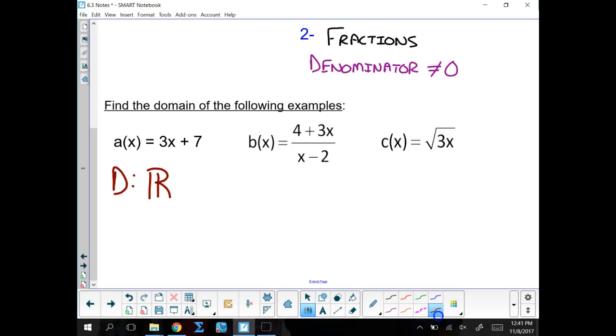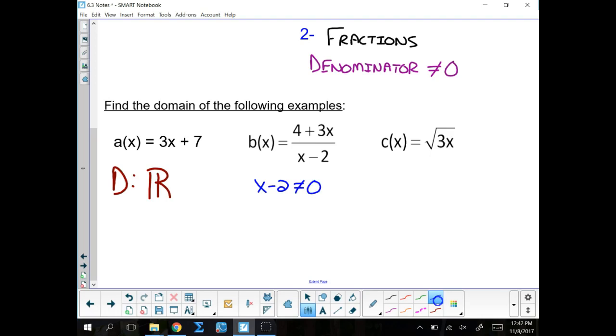Function B, B of x. Do we have a radical? No. Do we have a fraction? Yes. What's the rule about fractions? The denominator can't be 0. So x minus 2 cannot equal 0.